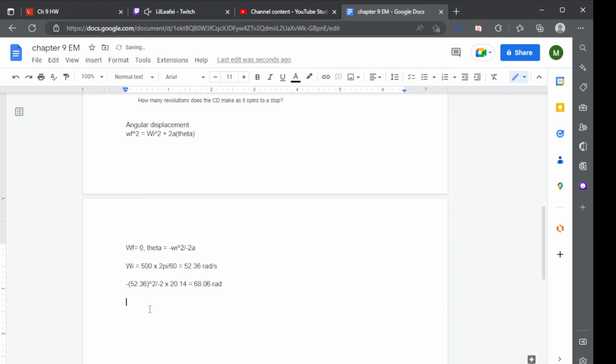And remember, one revolution gives us 2 pi radians, and 1 radian will give us 1 over 2 pi revolutions. To do that, we have 68 radians, so we use 1 over 2 pi and multiply by 68.06.